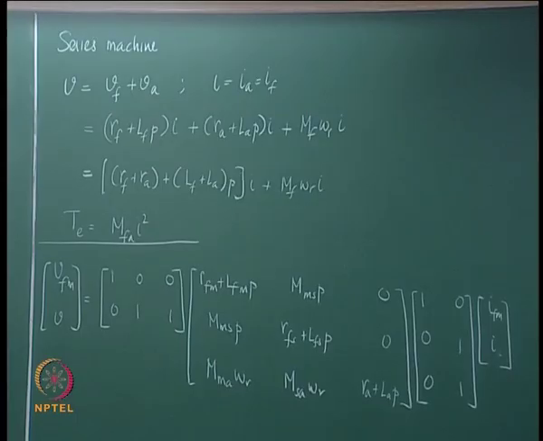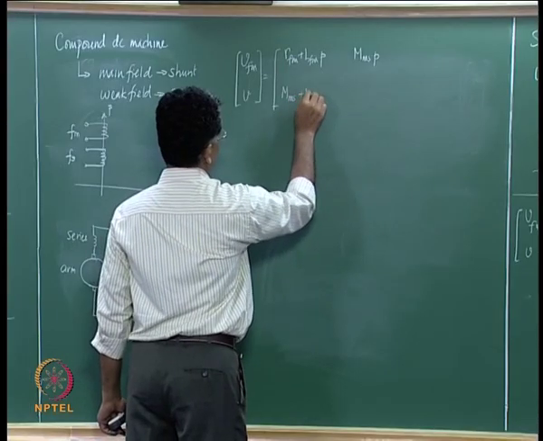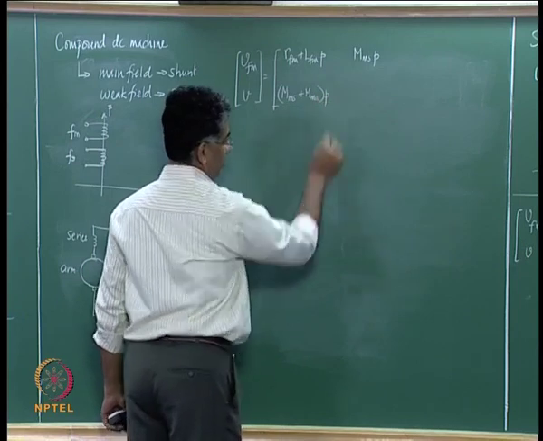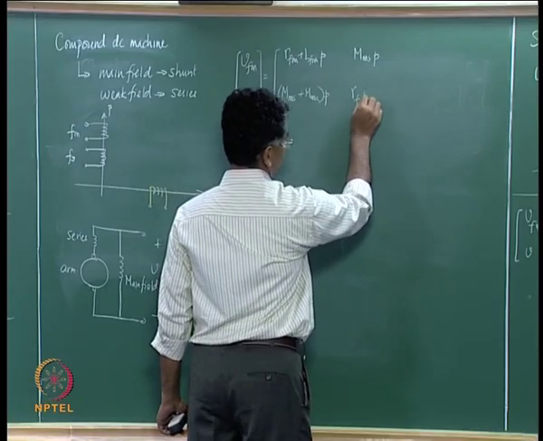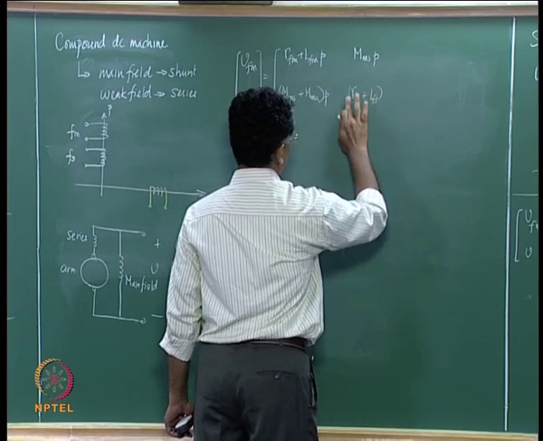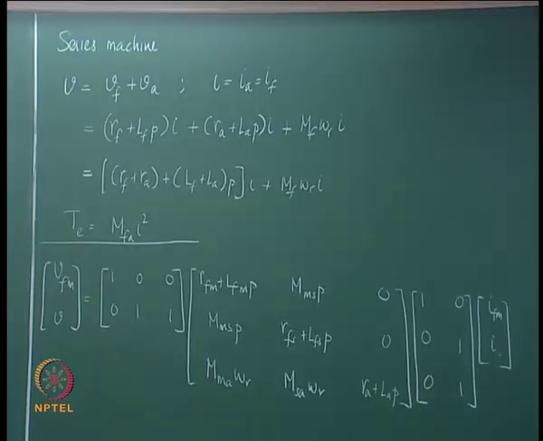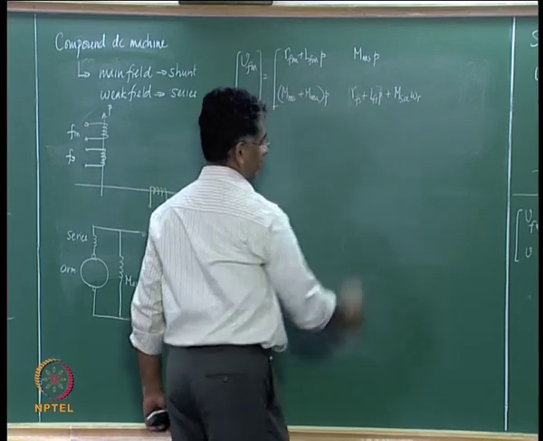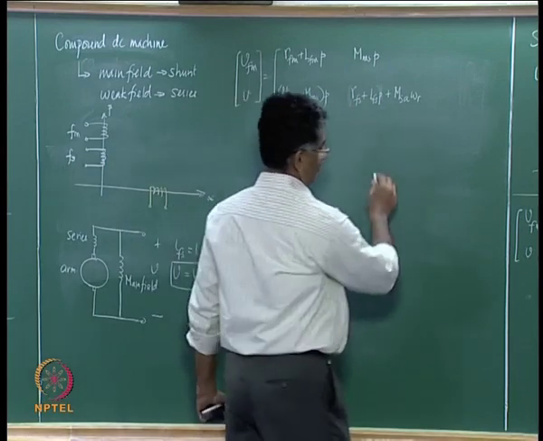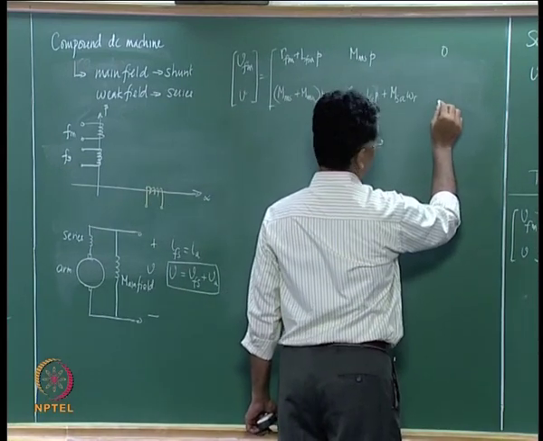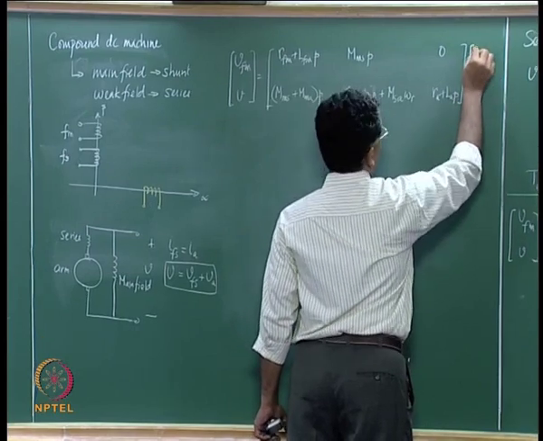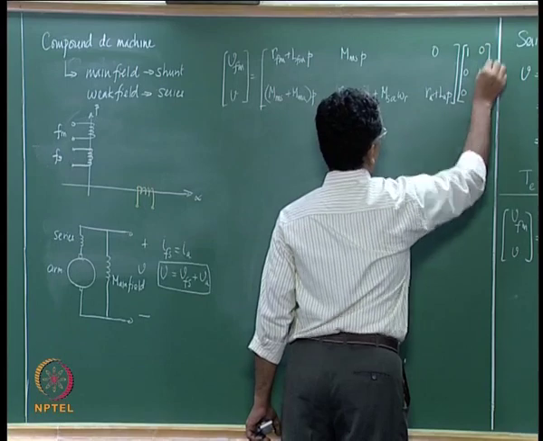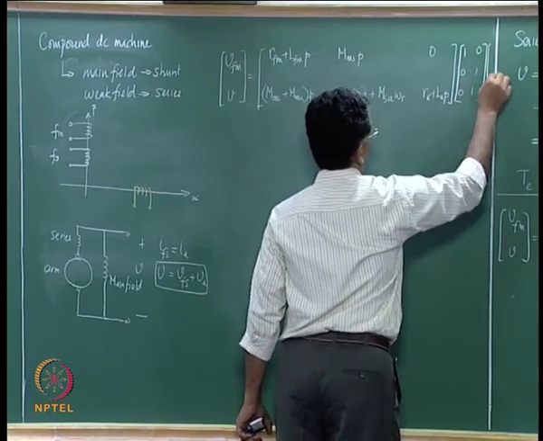Here you have MMS plus MMA into P, and then you have RFS plus LFS into P plus MSA into omega r, that is the second term, and then you have 0 and RA plus LA into P, this multiplied by 1 0 0 1 0 1 multiplied by this vector IFM and I.